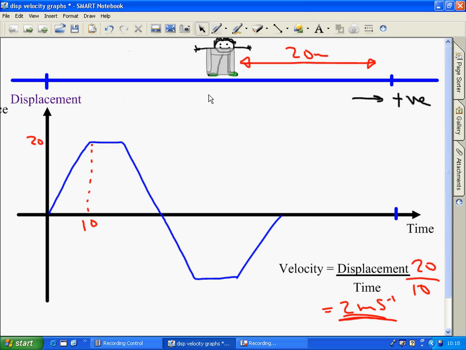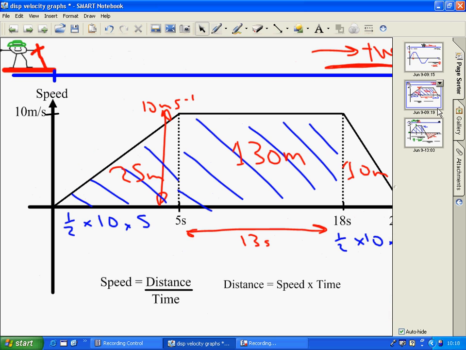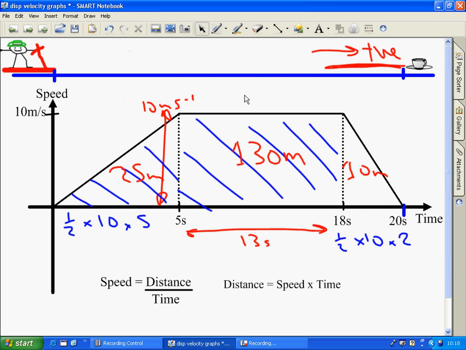On a displacement time graph, we can go positive and negative. Displacement is the distance from a fixed origin. On a distance time graph, we can only go positive. We cannot have any lines going downwards because we cannot have negative distance. On a speed time graph, we can have speed going positive and down to 0.